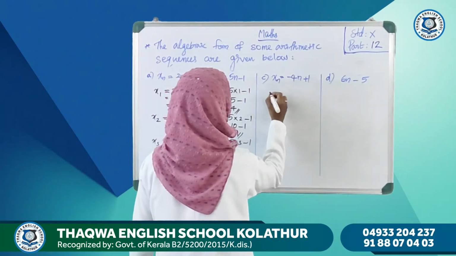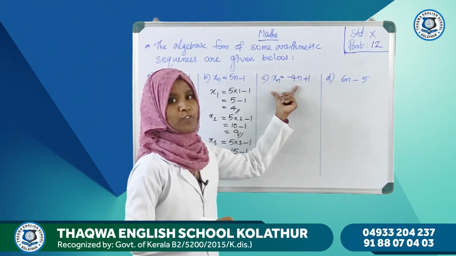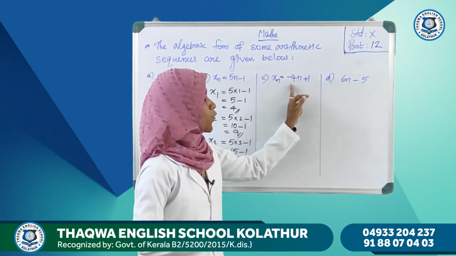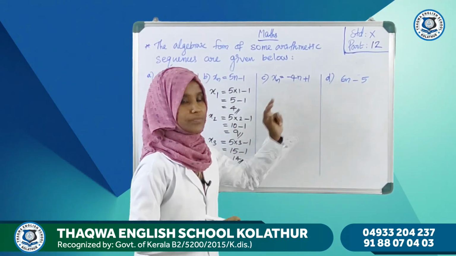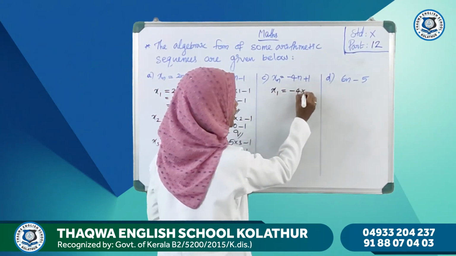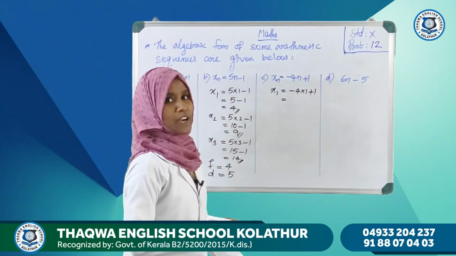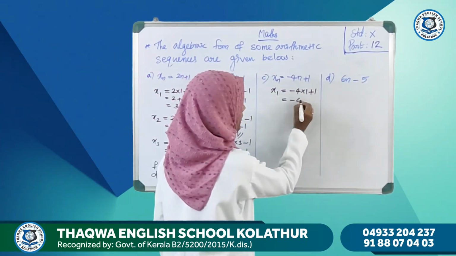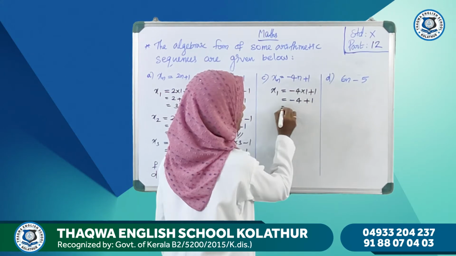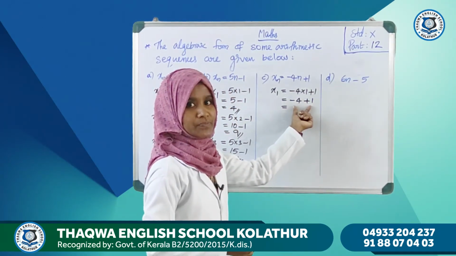Next, here the nth term of the sequence is minus 4n plus 1. First term, minus 4 into 1 plus 1. Minus 4 into 1 is minus 4 plus 1. What is the value of minus 4 plus 1?